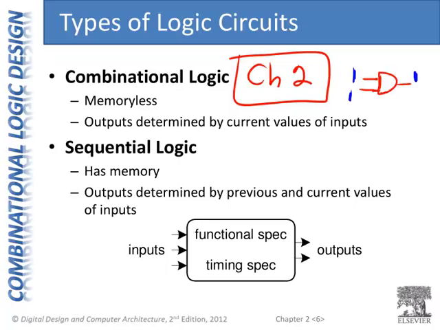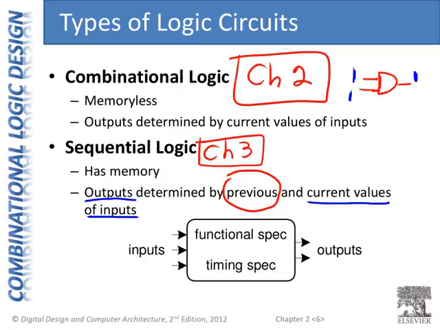So in a sequential logic circuit, the circuit's outputs are determined not only by the current values of the inputs, but also by previous input values. Again, we'll talk about sequential circuits in Chapter 3.